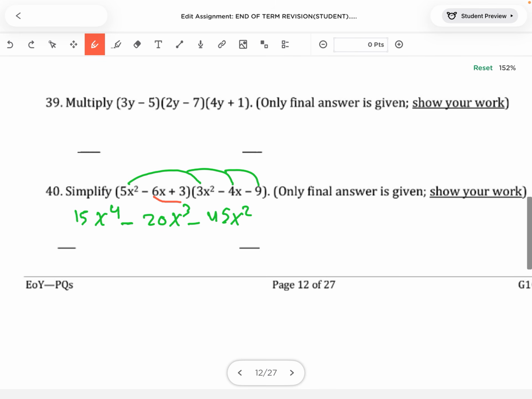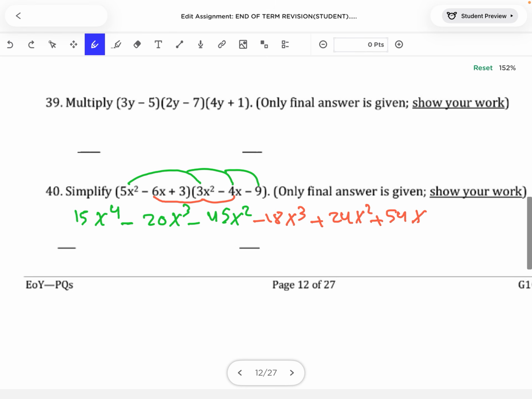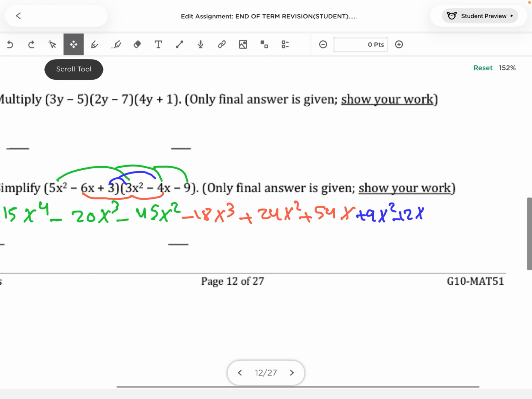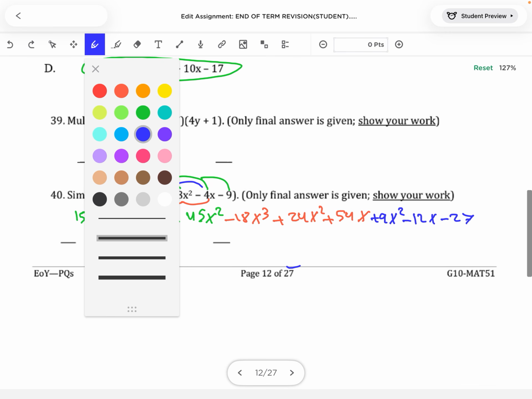Now negative 6 by 3 is negative 18x to the power 3 plus 24x squared plus 54x. And the last one is 3 by 3 is 9x squared minus 12x minus 27.